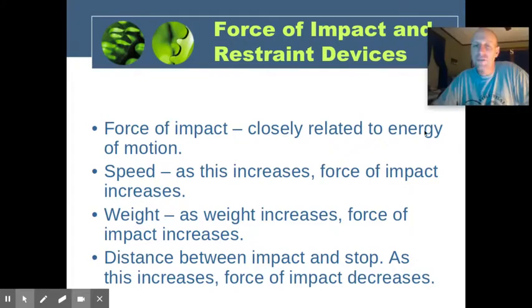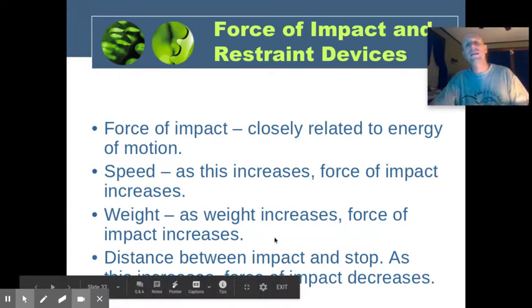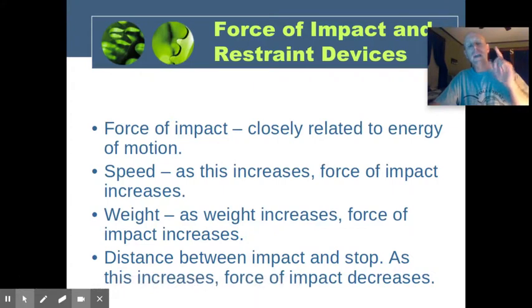The faster you're going, the more force you have. As speed increases, force of impact increases. As weight increases, the force of impact increases. But here's one of the keys. As the distance between impact and stop increases, the force of impact decreases.